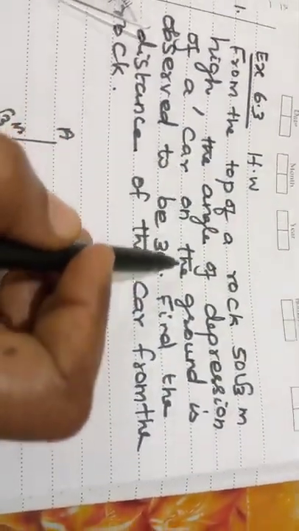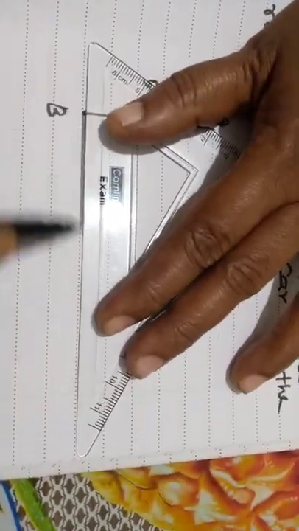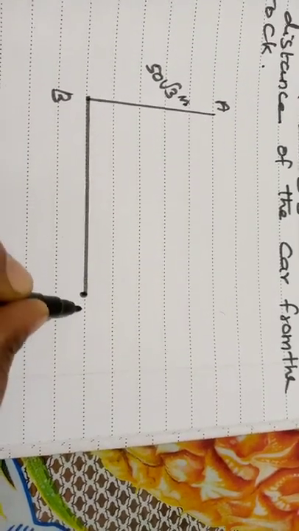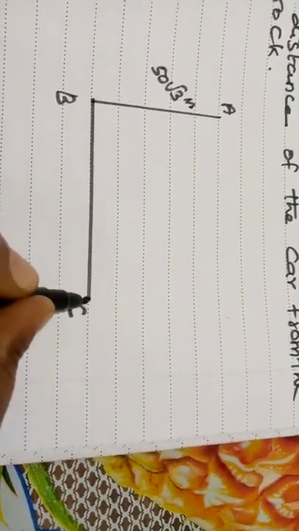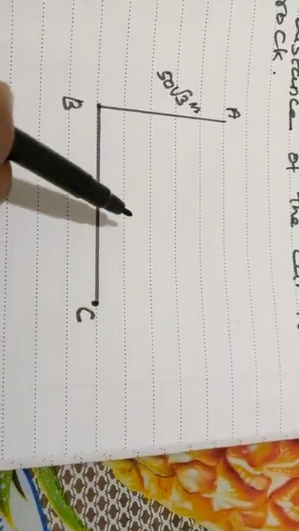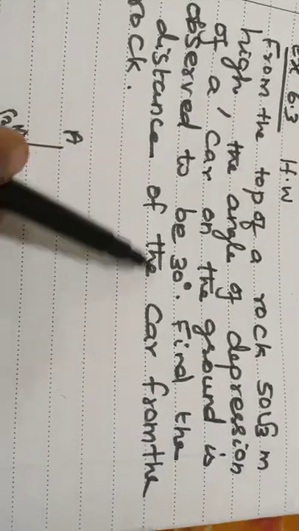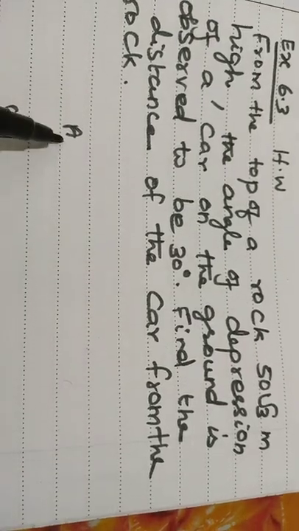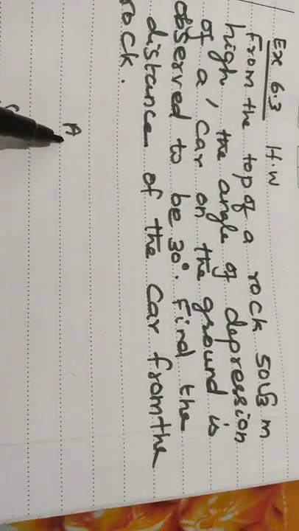The angle of depression of a car on the ground. It is the ground level. Just imagine there is a car, that is C, the position of C is the car. The car on the ground is observed to be 30 degree. It is mentioned angle of depression. Depression means, I said, from the eye level we have to draw the horizontal line.